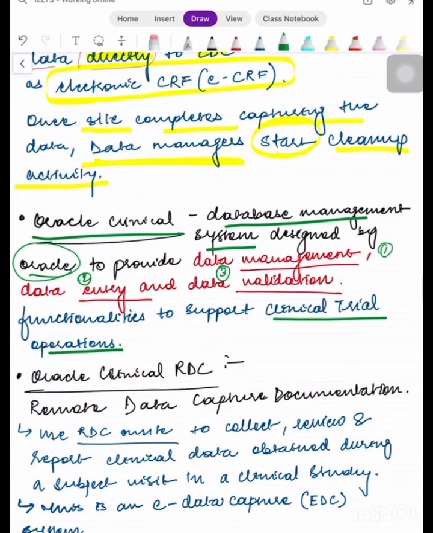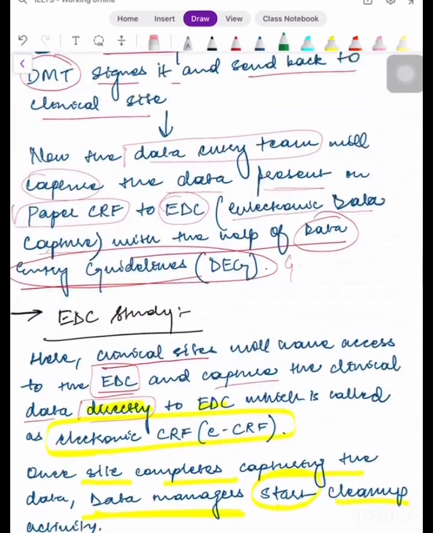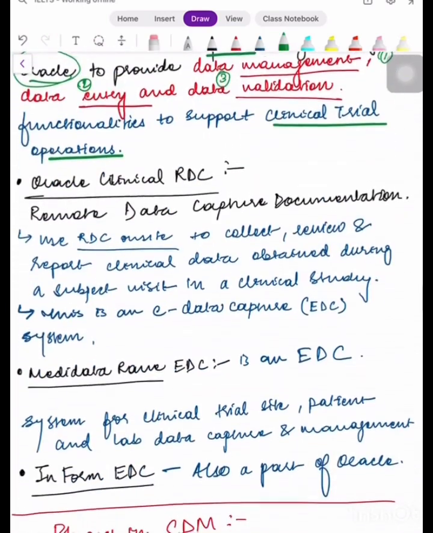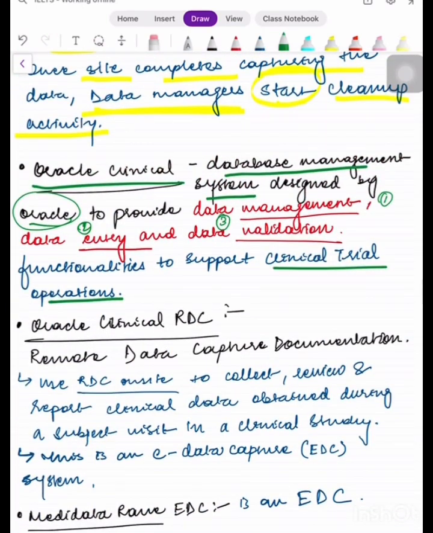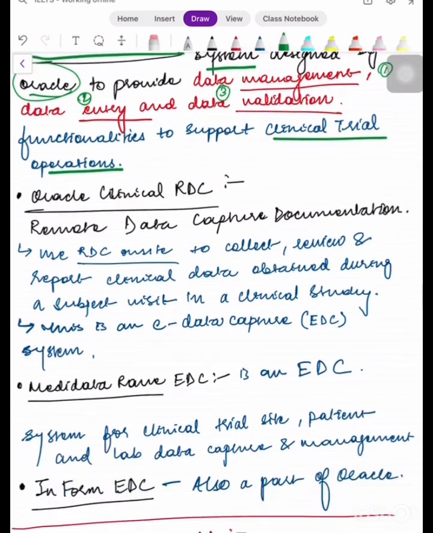With the help of such software, we are able to pull up the data of the given clinical trial in a managed form for it to be analyzed, validated, and studied. You don't need to ratify this. It's just for your general knowledge that if someone asks what softwares are used in EDC or paper based, you could say Oracle Clinical.